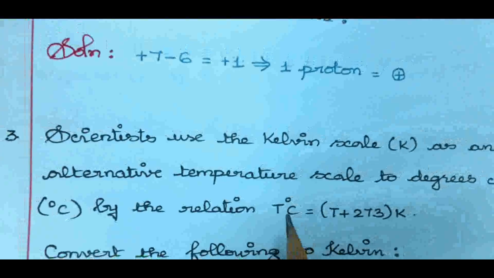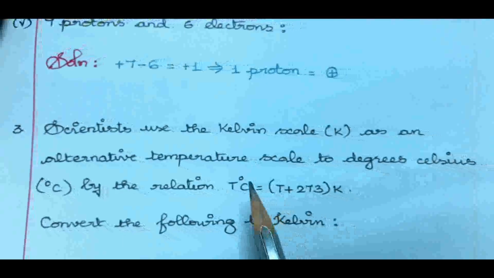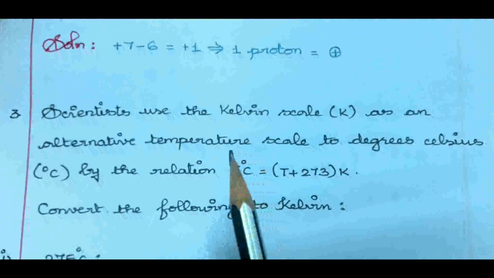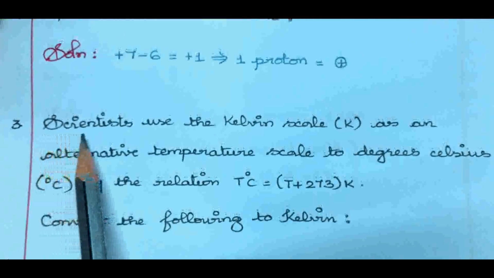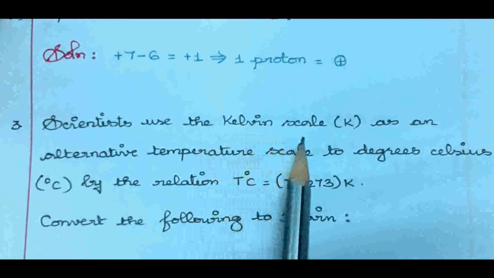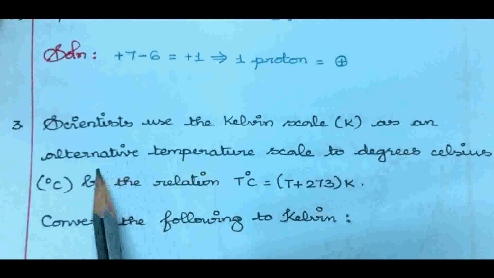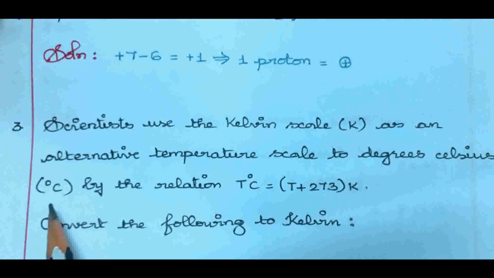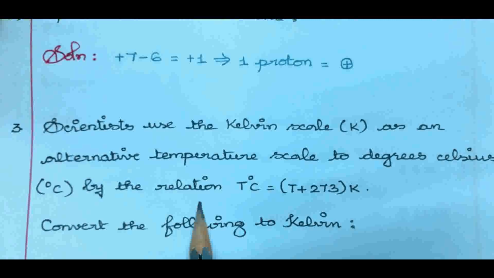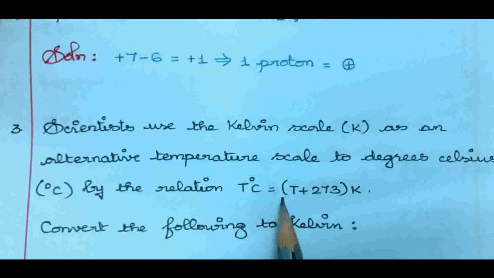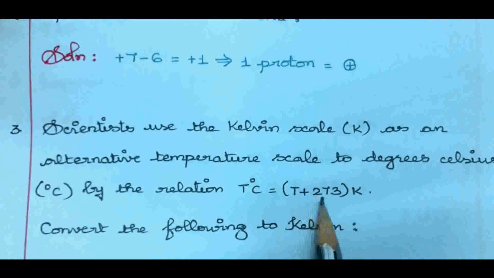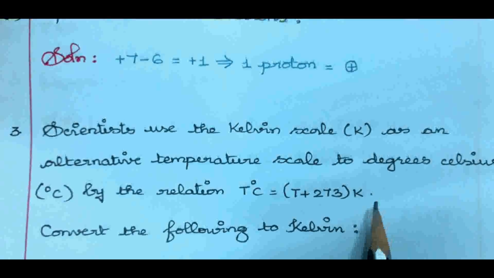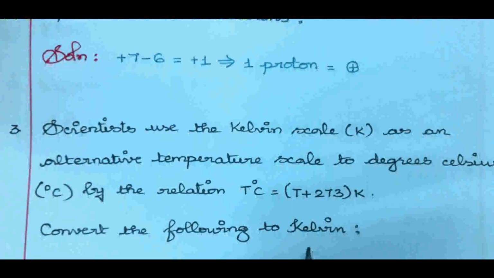Now we are moving to the third question. Third question, it is here. It goes this way. Scientists use the Kelvin scale K as an alternative temperature scale to degrees Celsius, by the relation T degrees Celsius is equal to T plus 273 Kelvin. Convert the following to Kelvin. Clear?